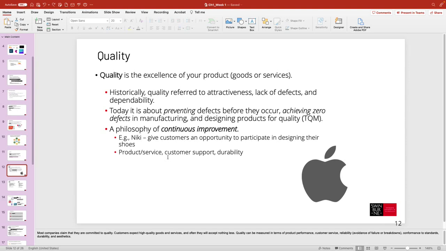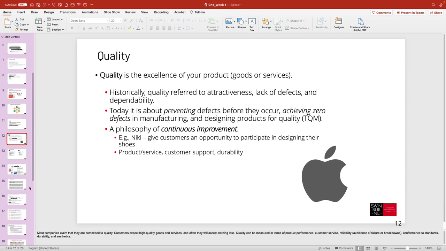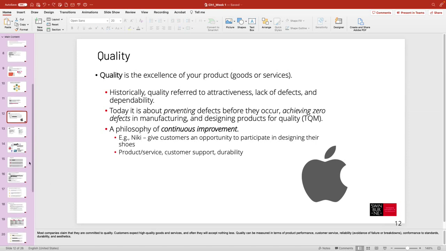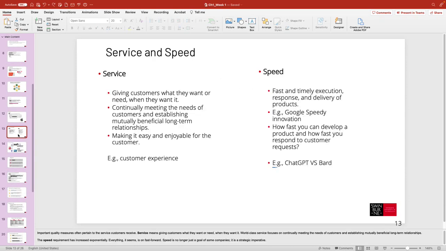Then they can provide the quality that their customers are expecting. So the quality can come in their products, services, the customer support, or the durability. All of these different ideas as well. As you can see here, I've placed the Apple logo. You can think about the quality that they offer as well.